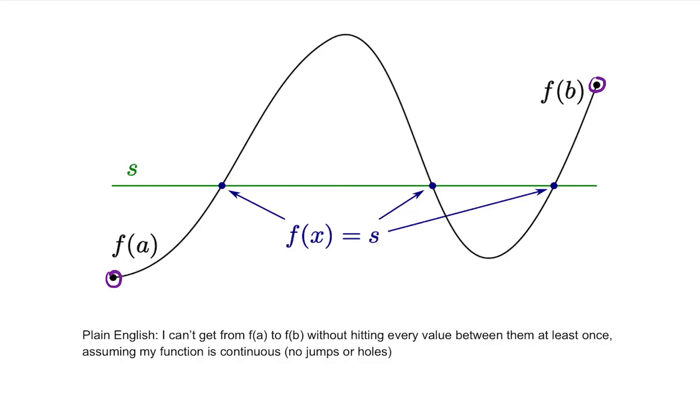So it's basically saying you are going to hit every single value between f of A and f of B as you travel them, as long as your function is continuous, right? Because if it wasn't continuous, you could go along this path and then jump over the line. So that is what the intermediate value theorem tells us.